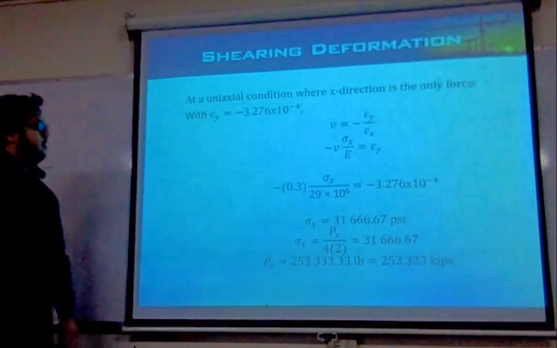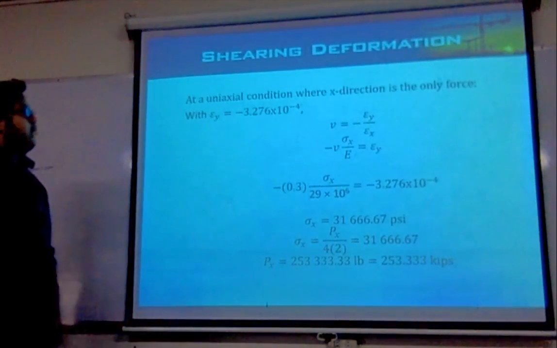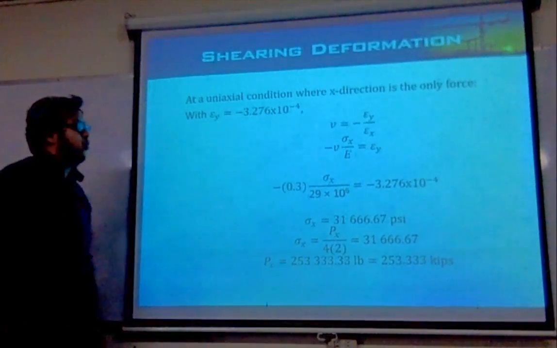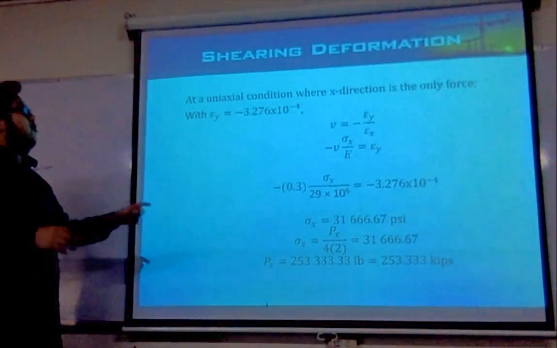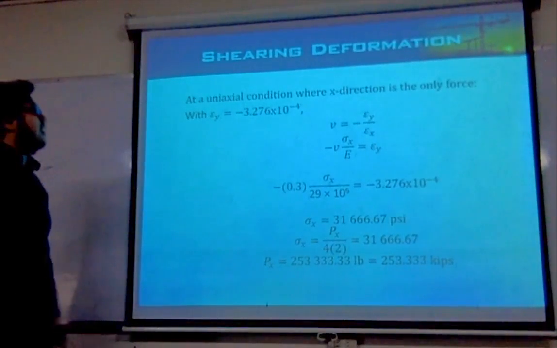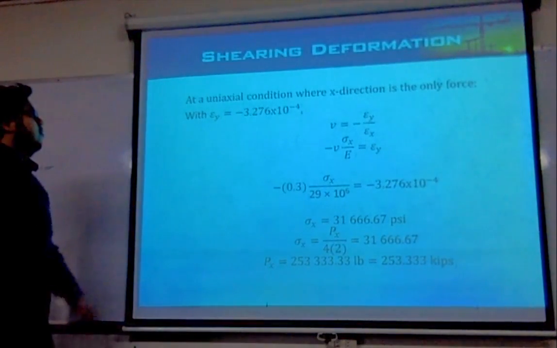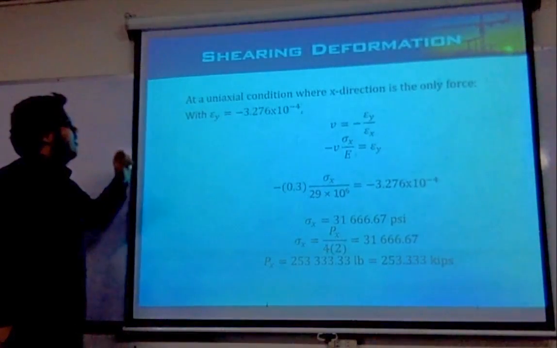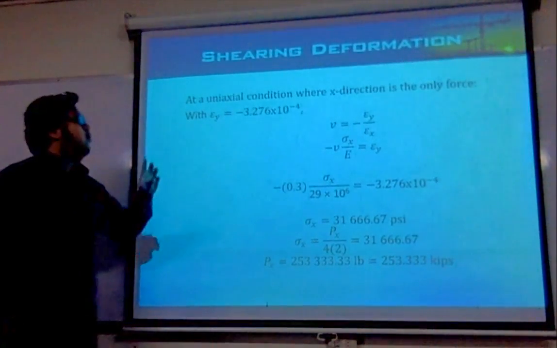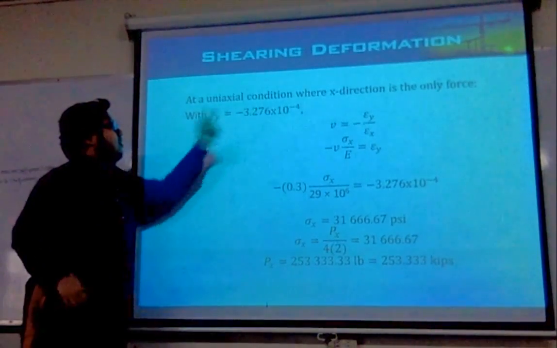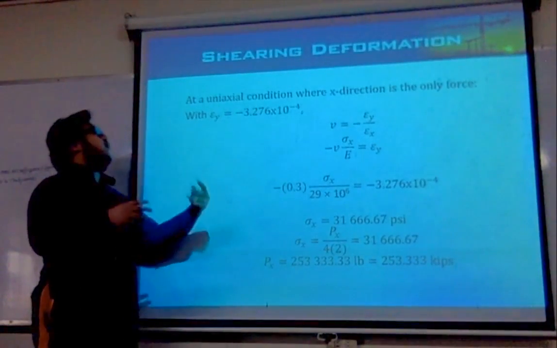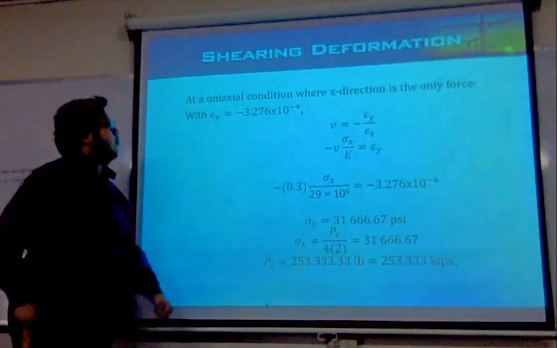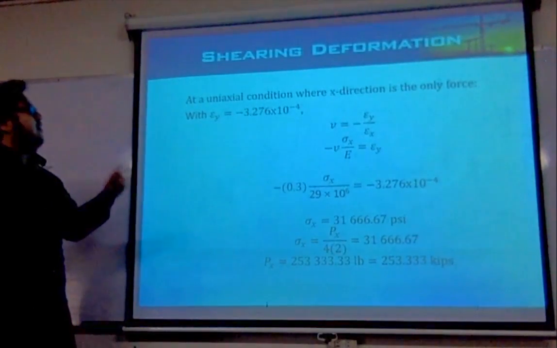Okay, next. Now we're looking for the case when x is the only one involved, no y and z. At a uniaxial condition where the x direction is the only force, the strain of x is equal to the strain of y from the previous condition where x, y, and z were involved, which is negative 3.276 times 10 to the negative 4.